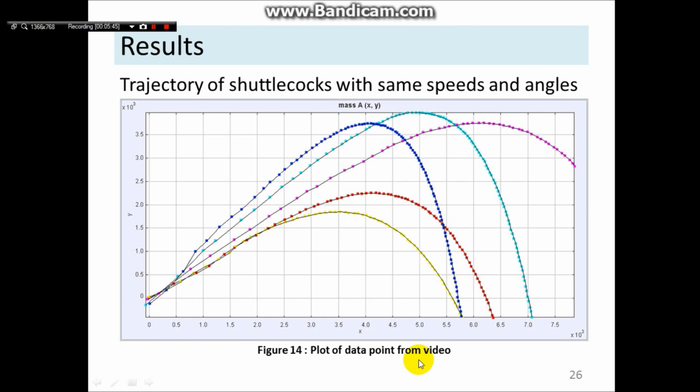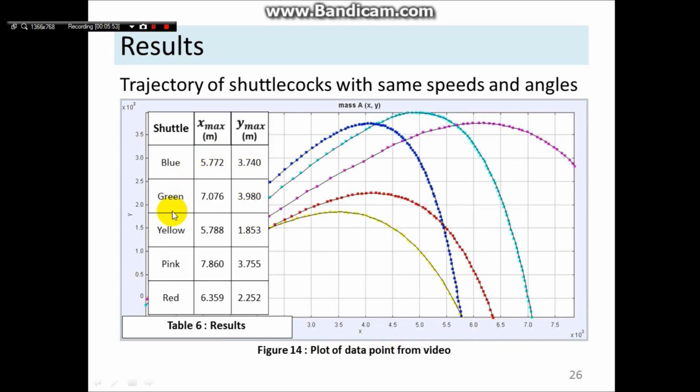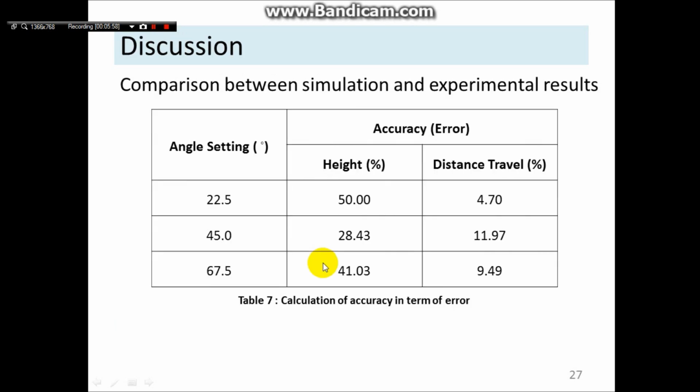So from the video analysis, we can get this graph with 5 different shots and the data showing here. So by comparing the simulation from MATLAB and the experimental result from the video analysis, we can calculate the accuracy in terms of error.